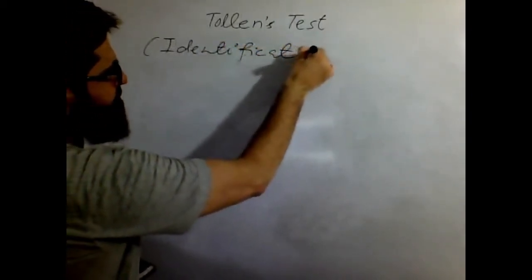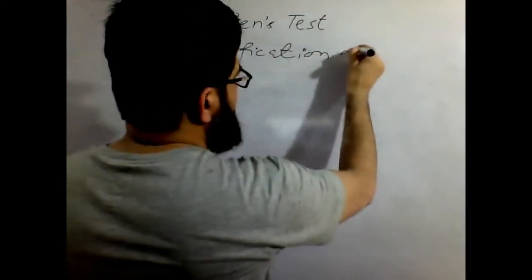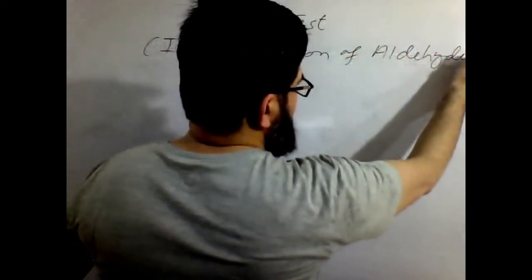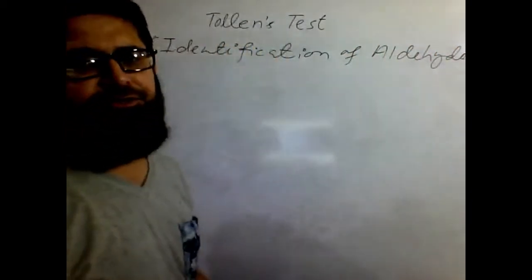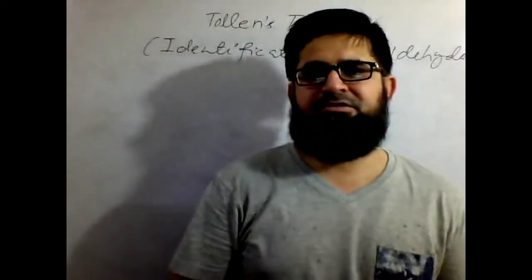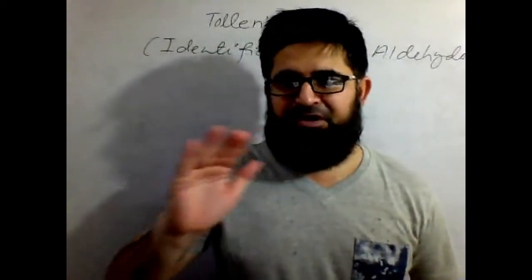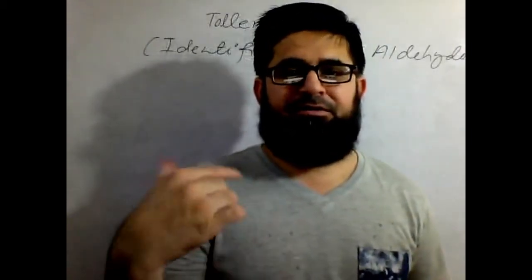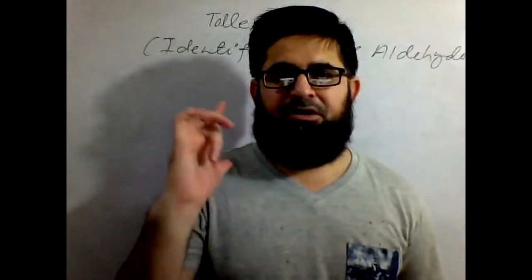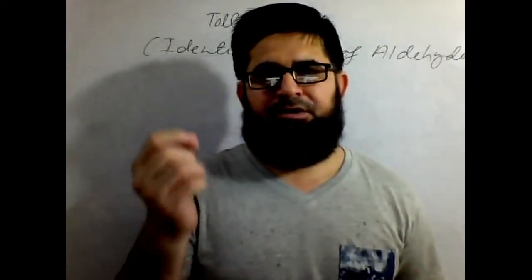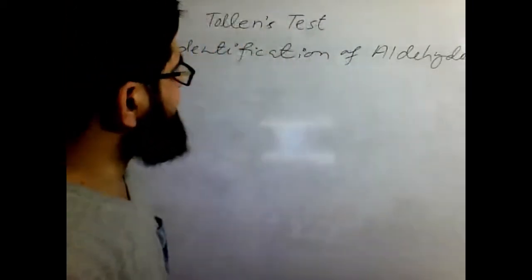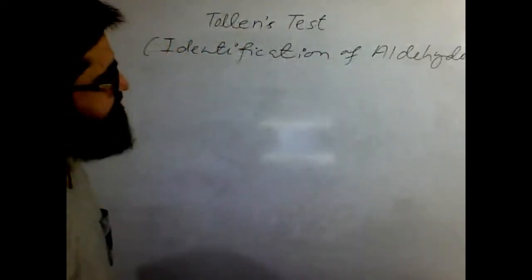One can employ this test for the identification of the presence of aldehyde in any mixture, or the presence of pure aldehydes. You can confirm those by using Tollen's test. That is pretty specific for it.